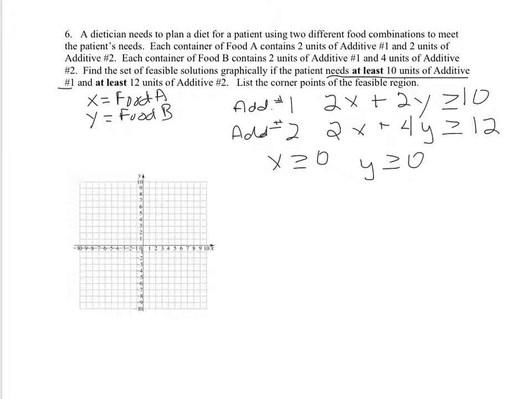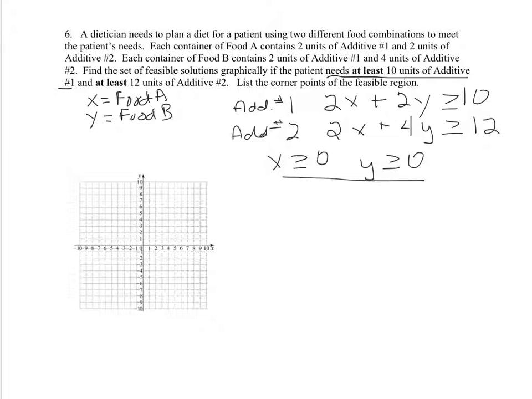We can't have negative values of food, so we're going to have a positive amount there. Now we need to come up with these 2 inequalities graphed on our grid paper here.